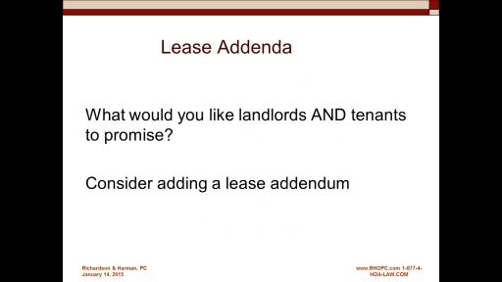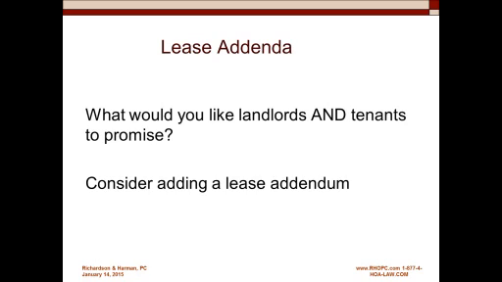Let's talk about how we can create a better relationship with tenants and the association, and one of those documents is something that I call a lease addendum. A lease addendum is a document that the association can, by its documents, by your rules or your CC&Rs, require as a condition of renting that the landlord and the tenant sign.